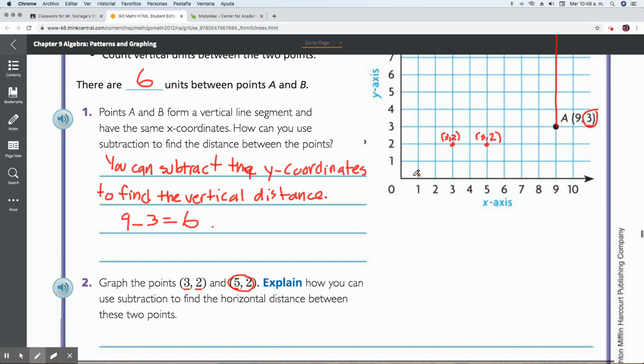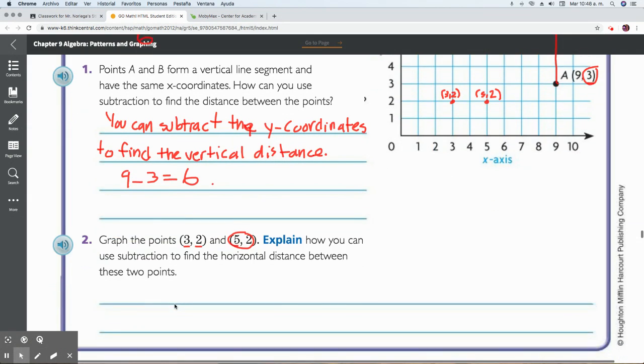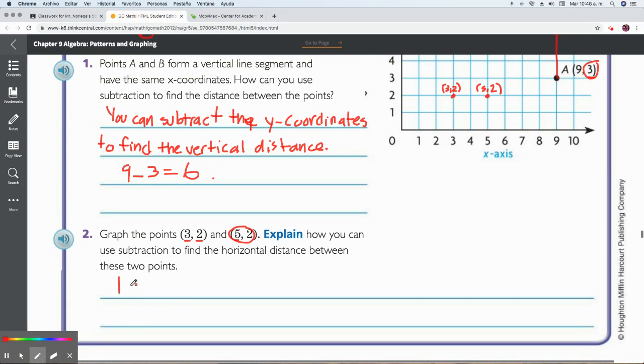Since these 2 points have exactly the same y-coordinate, they both landed on 2. I can use the first numbers, the x-coordinates, to find the difference. So I can subtract 5 minus 2 to find the distance.